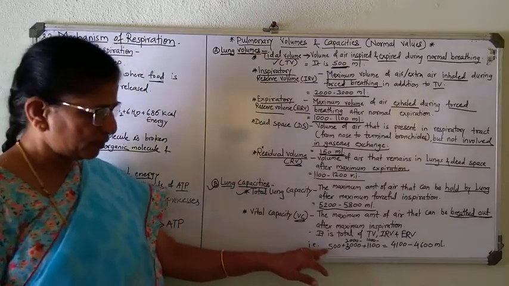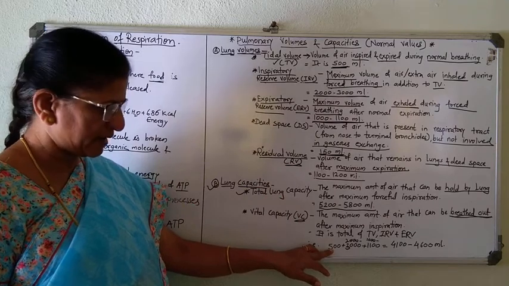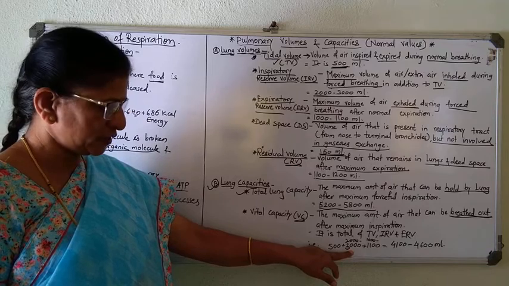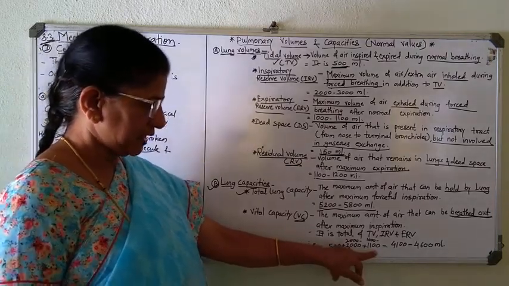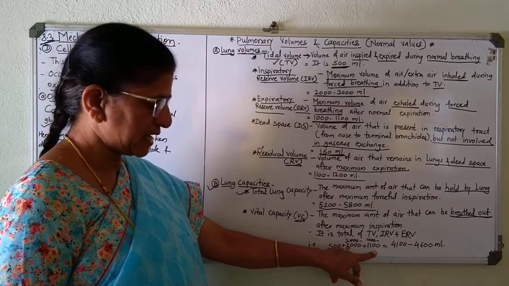TV is normally about 500 ml, IRV is about 2000 to 3000 ml, and ERV is about 1000 to 1100 ml.